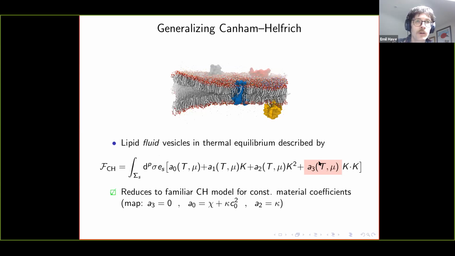Before, if you recall, you only had something like C0 plus K squared, so you only had the K squared term in the other Canham-Helfrich model. You didn't have this K dot K. And K dot K is, in this case, K_AB K_CD, so it's the combination of K's, which is not just the trace squared.